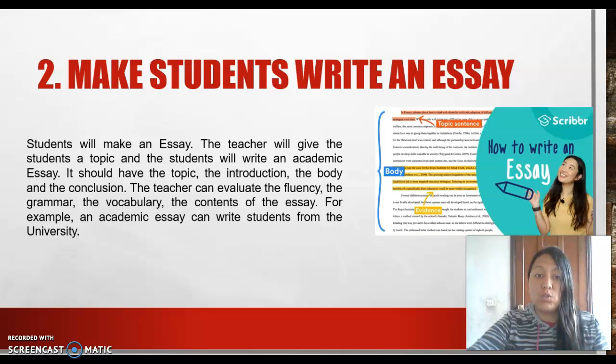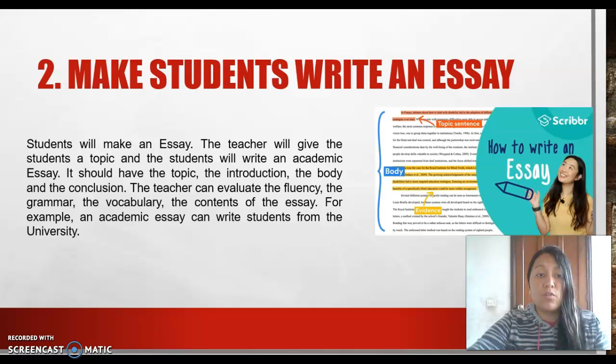It should have the topic, the introduction, the body, and the conclusions, all the parts that an academic essay has. The teacher can evaluate the fluency, the grammar, the vocabulary, the content. So all this information can be evaluated by the teacher.